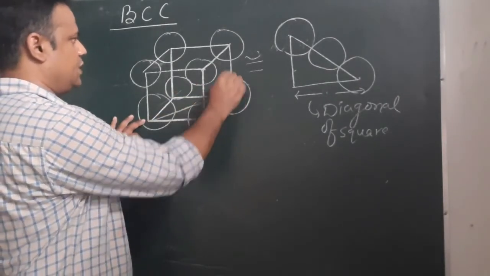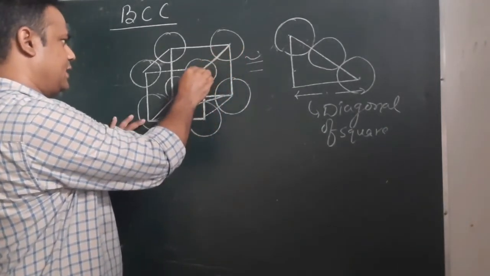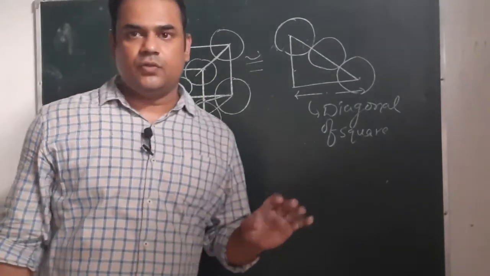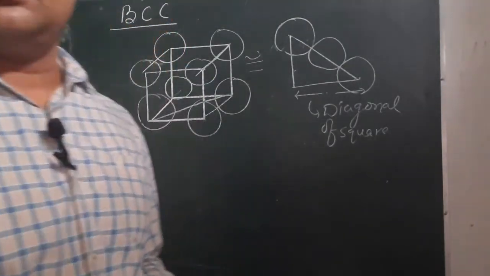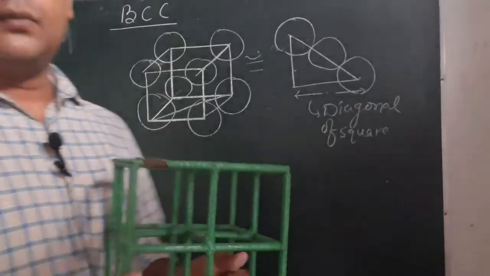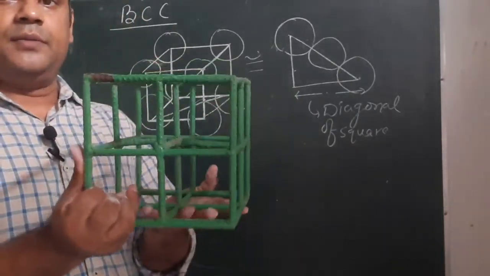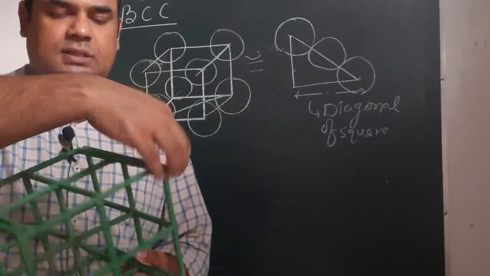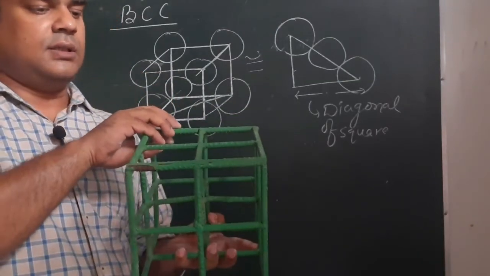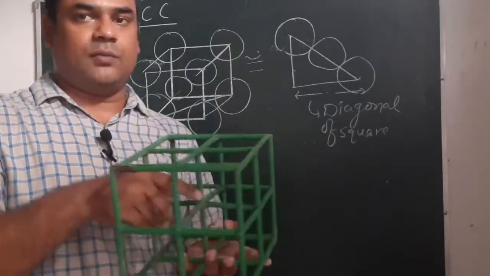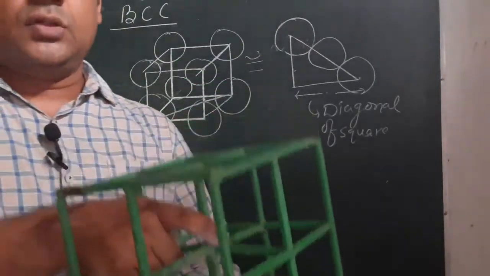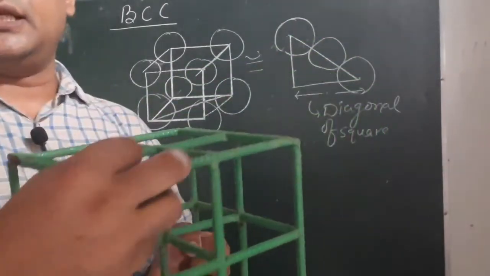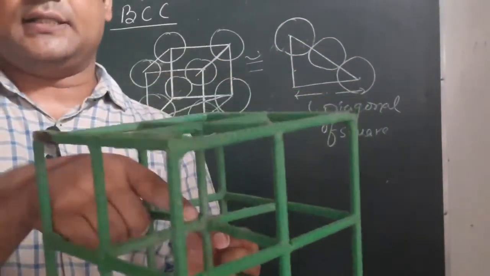To find this one, we have this right angle triangle. To understand this, we will use the model. You can see this model. If this is BCC, then constituent particles are present at all the 8 corners of the unit cell as well as the body center. Body center means here. So now suppose one unit cell here, another unit cell here, and one at the center.